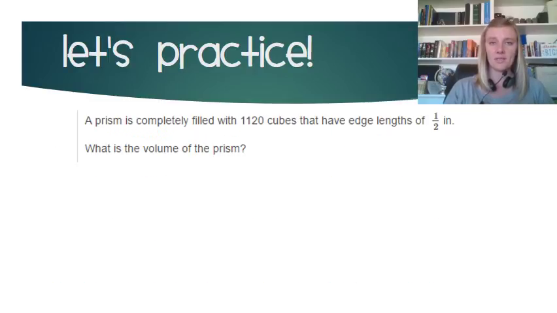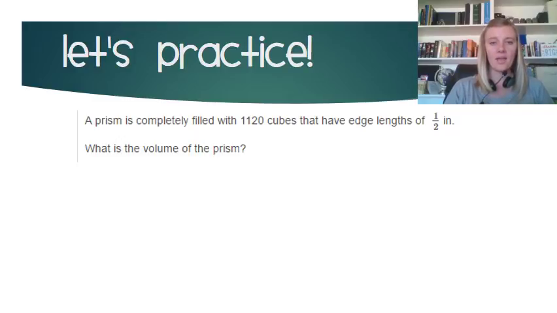We have a prism, a box, that is completely filled with 1,120 cubes that have edge lengths of 1/2 an inch, okay? So we just worked with the half-inch cubes, and we know that there are 8 for each one whole, okay?